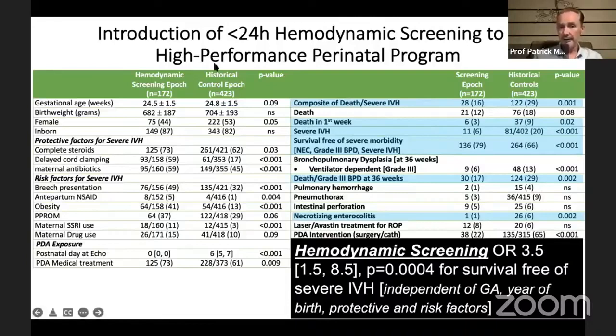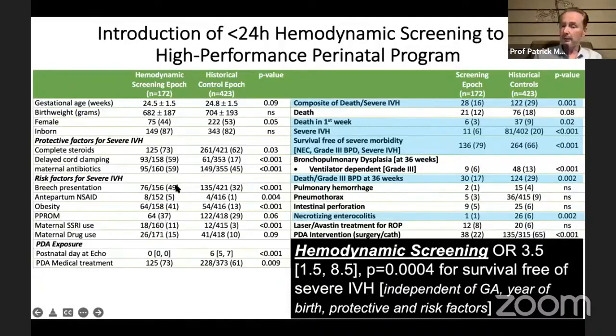So we just reported at PAS data from 600 babies over the last 10 years. And despite the fact that in the modern epoch in which we started hemodynamic screening, there were more babies born at 22 and 23 weeks, that these infants were born to mothers who were more likely to have obesity, substance abuse, SSRI use.